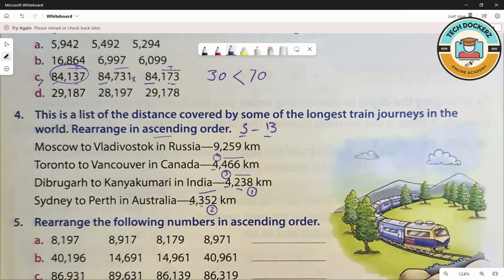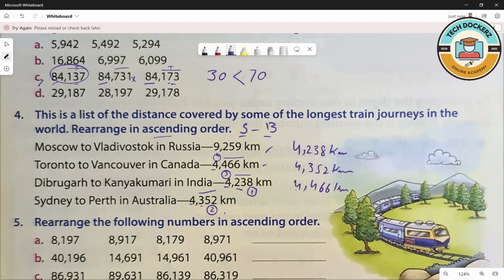So let's write down the numbers. The first number is 4238 kilometers, our smallest number. The second number is 4352 kilometers. The third number is 4466 kilometers.